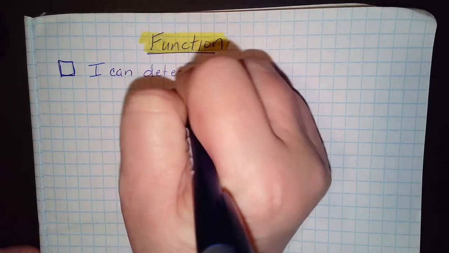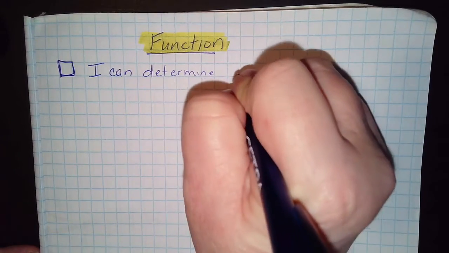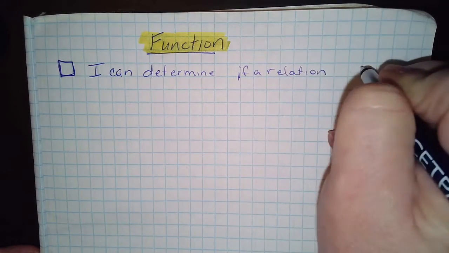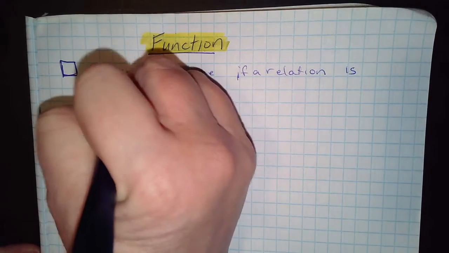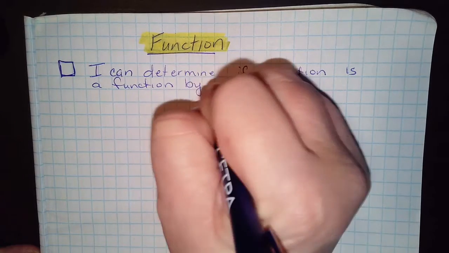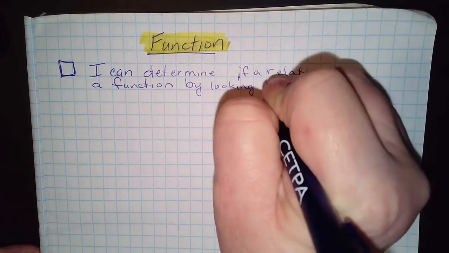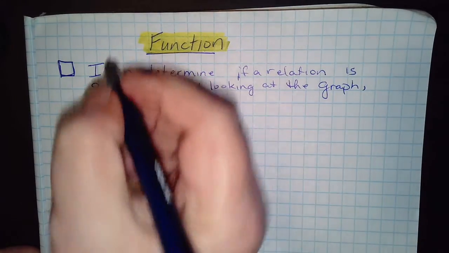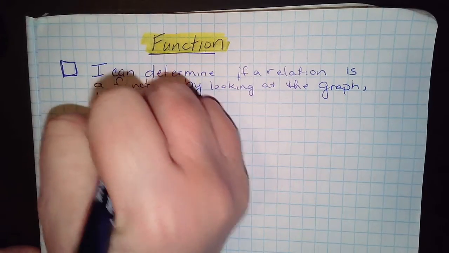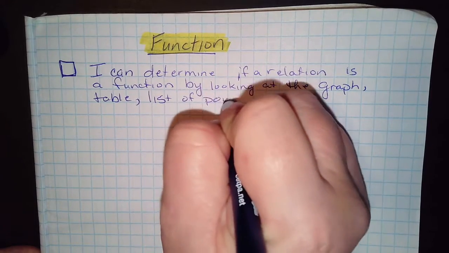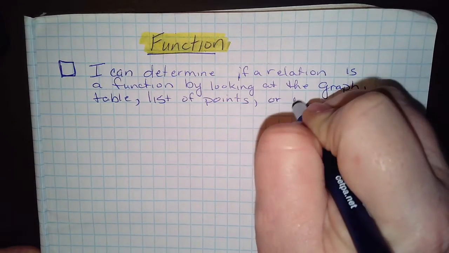So I can determine if a relation is a function by looking at the graph, comma, table, comma, list of points, comma, or mapping.